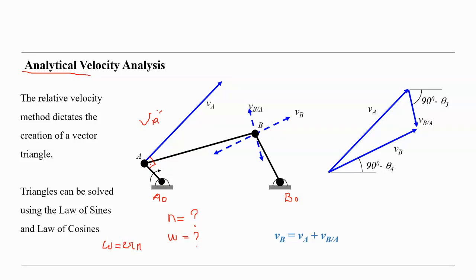VA is equal to the linear velocity, which is the A0A line times omega. So using this way, we can calculate the magnitude of VA, and we know the direction of the other velocities like VB and VBA.